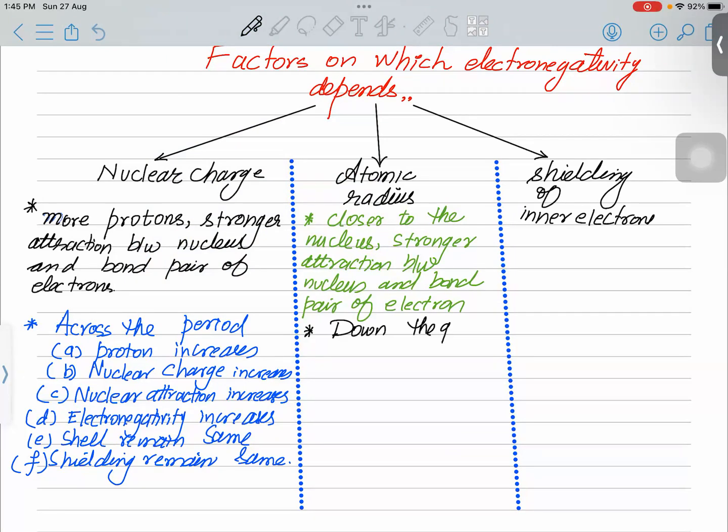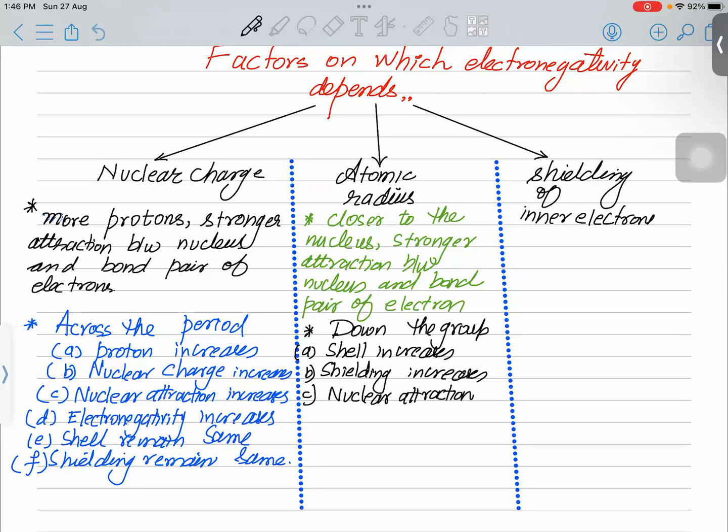Down the group. A: shell increases. B: shielding increases. C: nuclear attraction decreases.